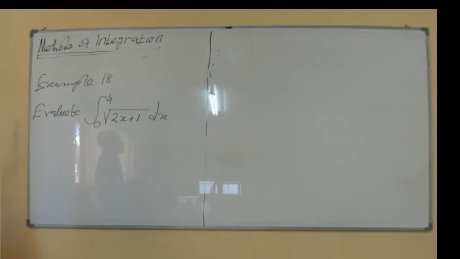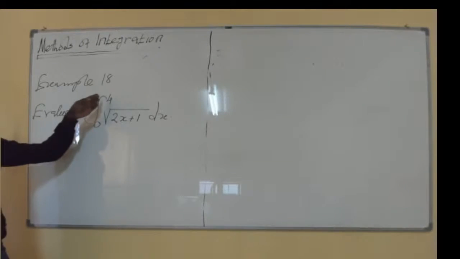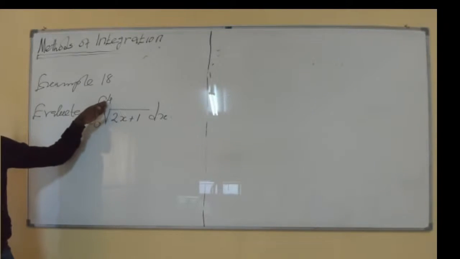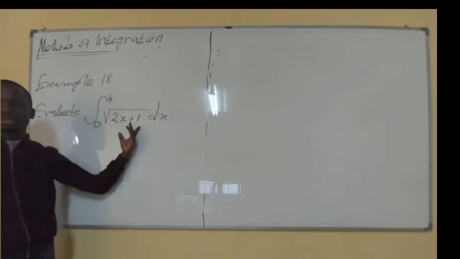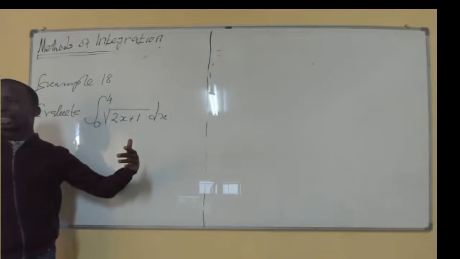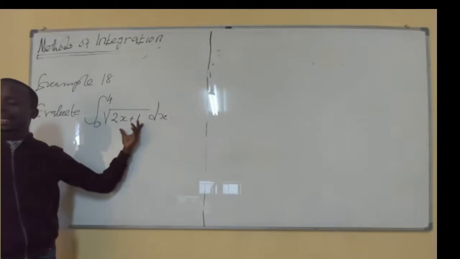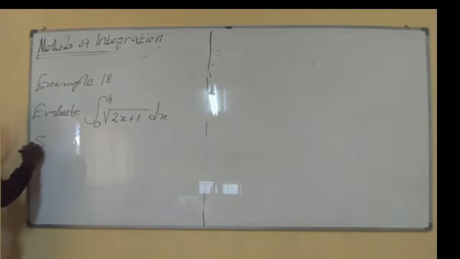Before you substitute the upper limit and the lower limit, what you were doing first was integrating. After integrating, that's when you substitute those limits. But the question is, can we integrate directly? No.